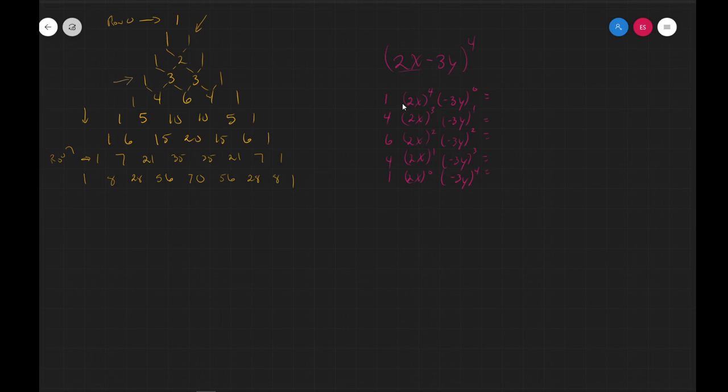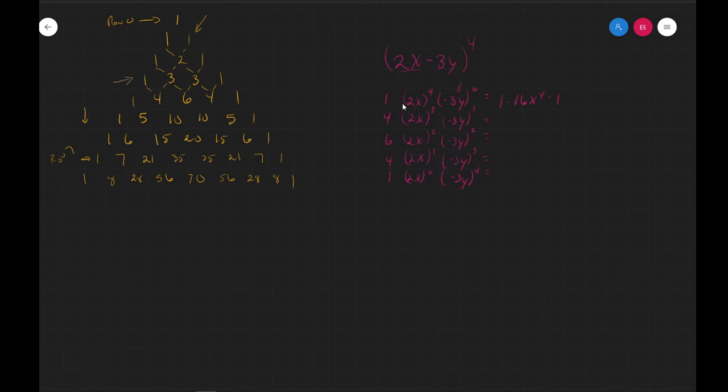So this one is going to be 1 times 2 to the 4th power. 2, 4, 8, 16. Sorry, 2 to the 4th power is going to be 16 times x to the 4th, and anything to the 0th power is going to be 1.